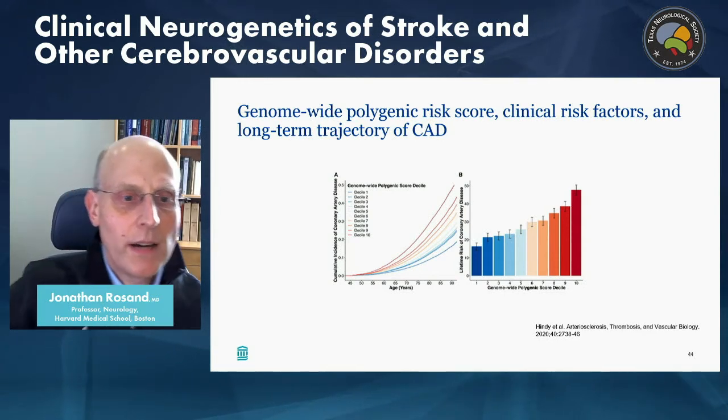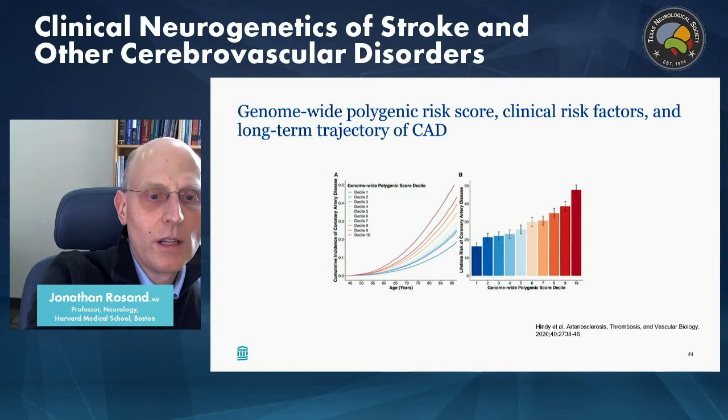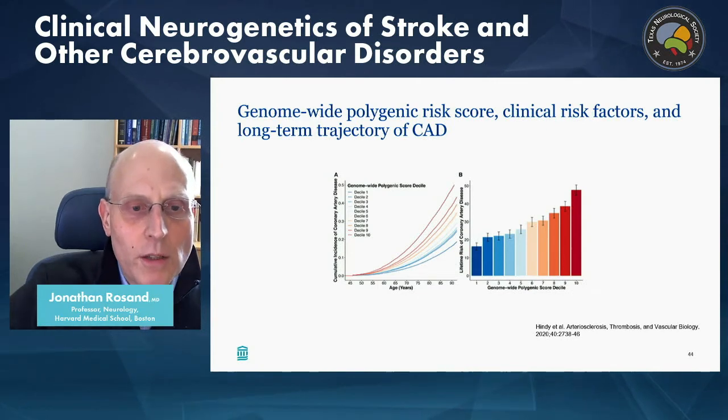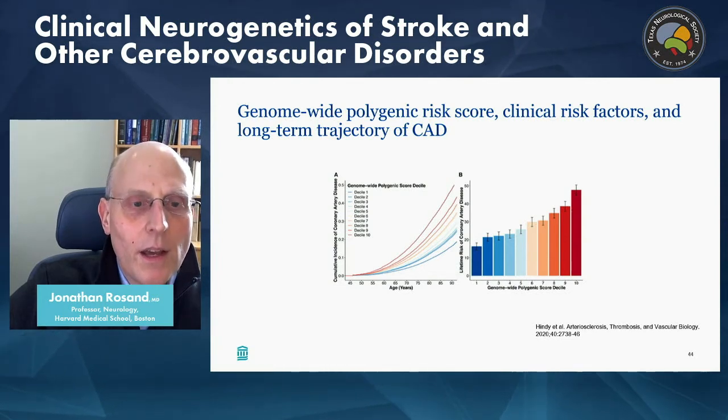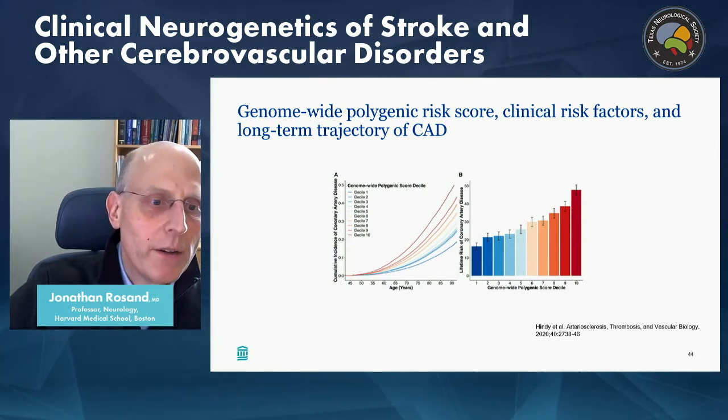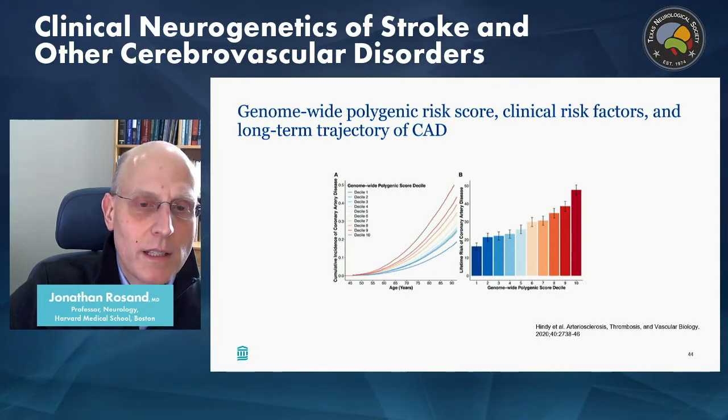And then if you plot it out on the left, you can see that as your age goes up, the risk differential between those in the lowest decile, in the blue, and those in the highest, the red, becomes more and more spread out in terms of the cumulative incidence of coronary disease.